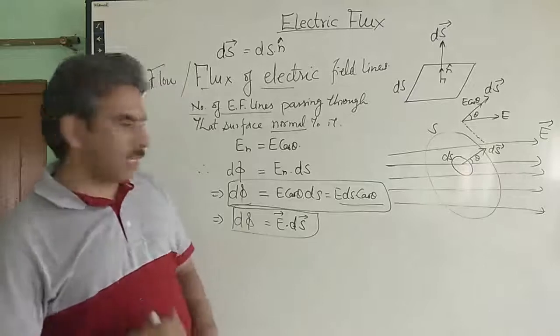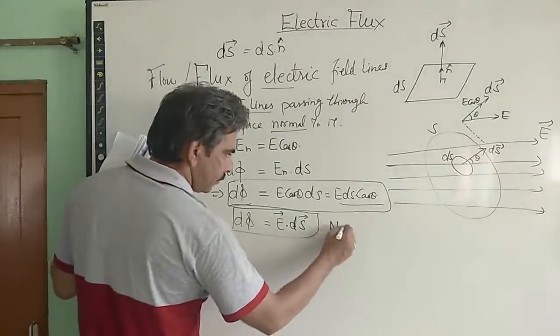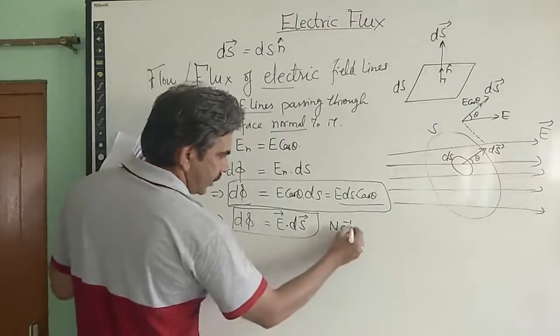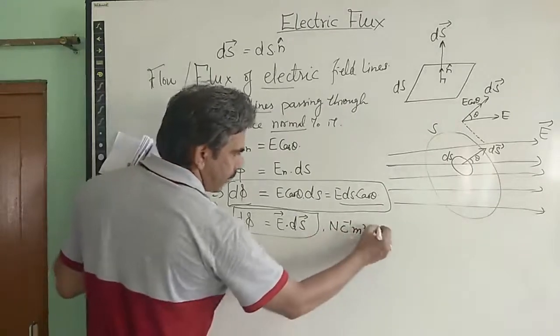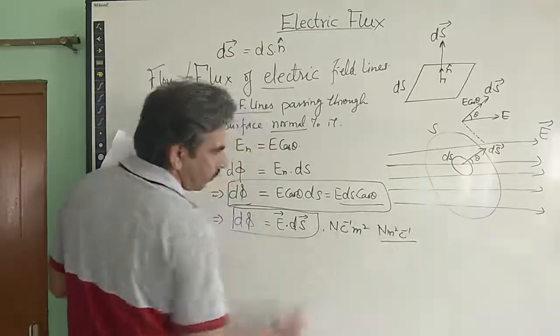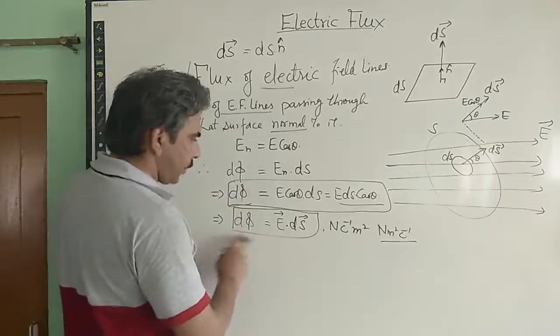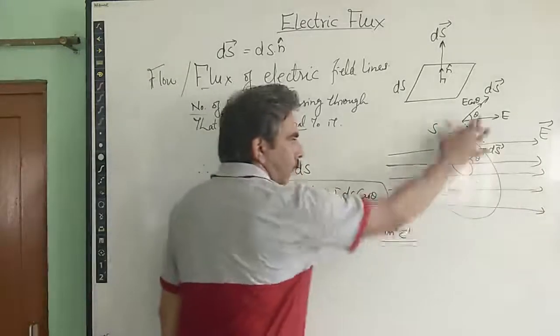And what about the units? Electric field has the units Newton per coulomb, and area has the units meter square, so you can write it simply as Newton meter square per coulomb. So these are the units for electric flux. So this is the small electric flux due to a small area of this whole area.